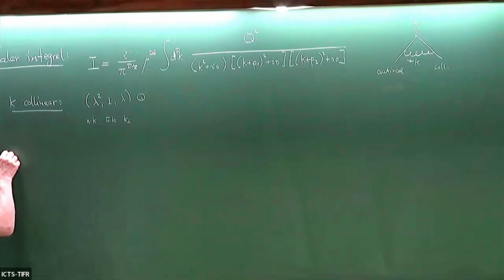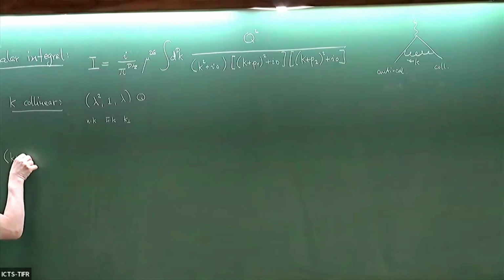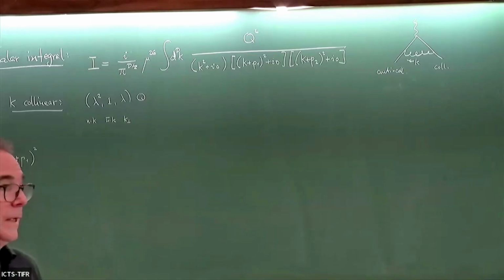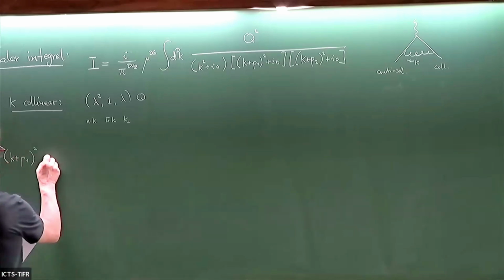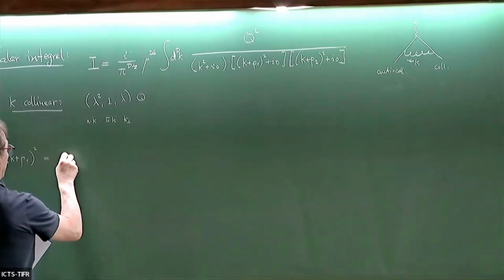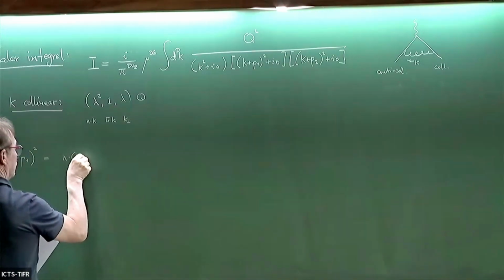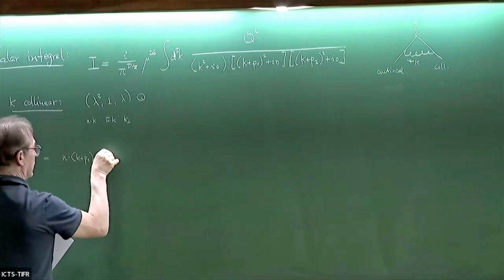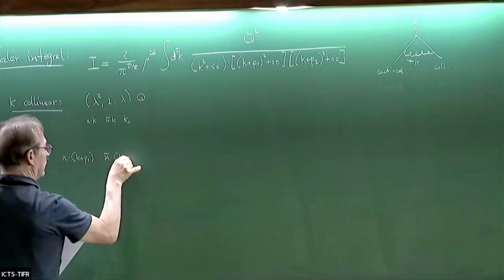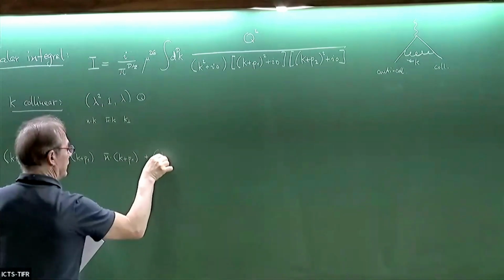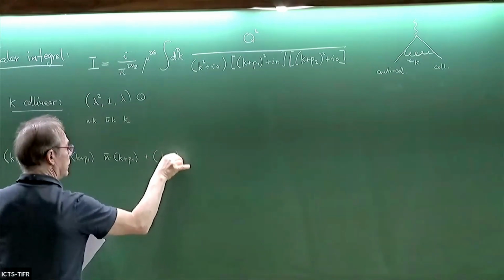So let's start again with this momentum, k plus p1. K is collinear and P1 is collinear, so K plus P1 is also a collinear momentum. And then there is nothing to expand out. If I write this in light cone components, it's n dot (K plus P1), n bar dot (K plus P1), plus (K plus P1) perp squared.